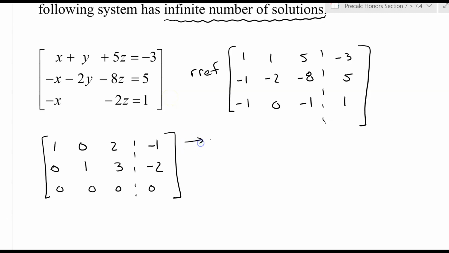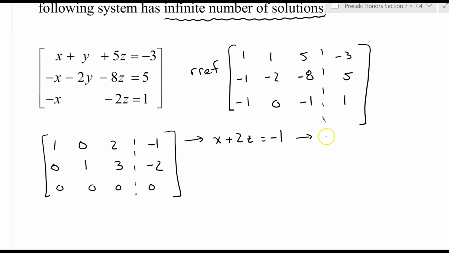So what this tells us is that x plus 2z is equal to -1, and I'm going to go ahead and solve that for x, because essentially we want to solve for x, y, and z. So according to our solution, x would equal -2z minus 1.